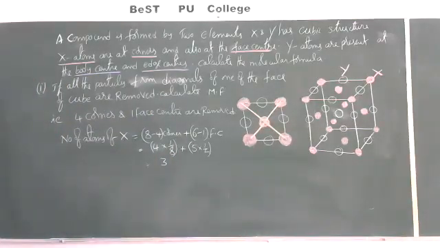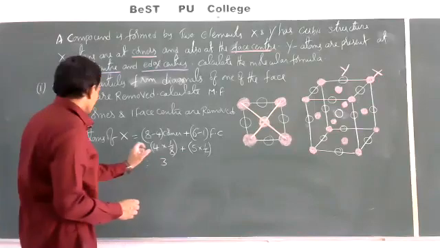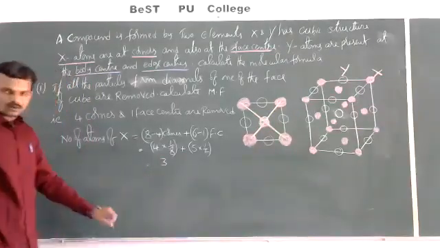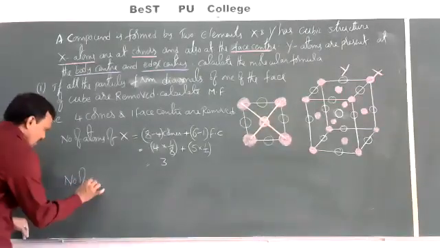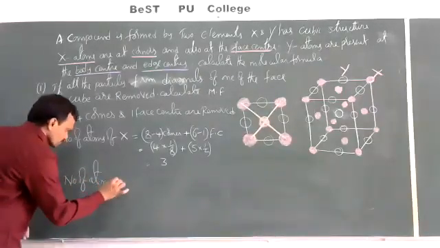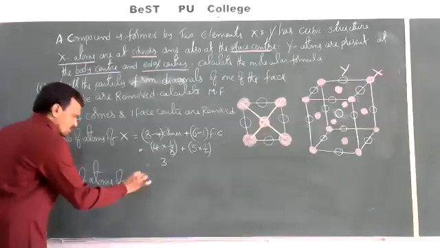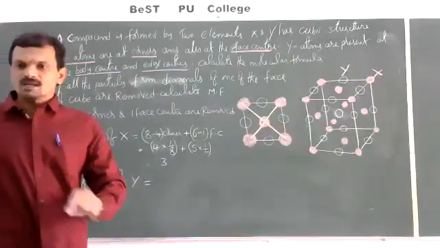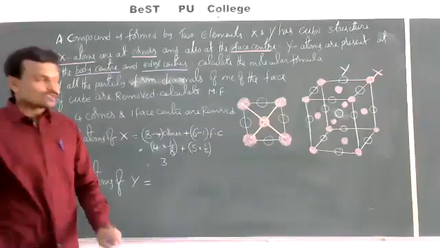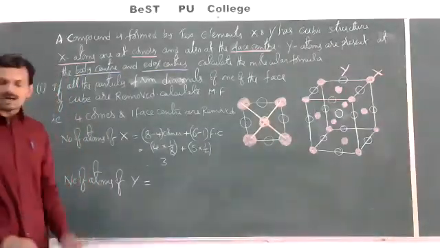Okay? Right. So the number of atoms of X is equal to 3. Then go for the next one. Number of atoms of Y is equal to, see, no particle at body center or edge center is removed, so no atoms of Y are removed.